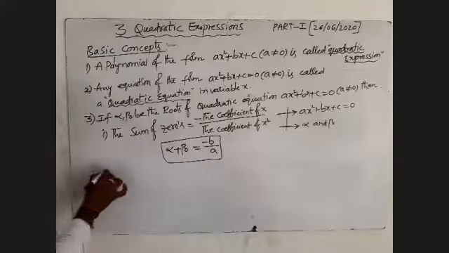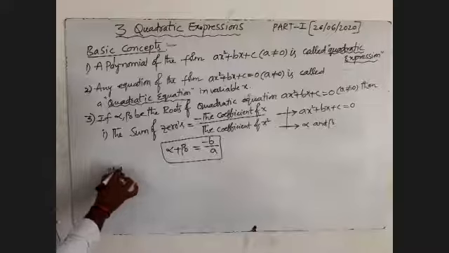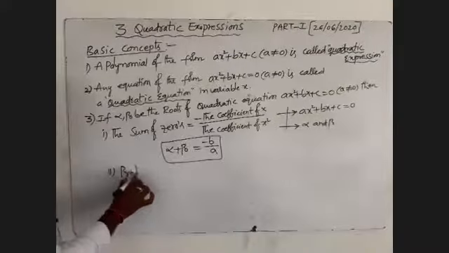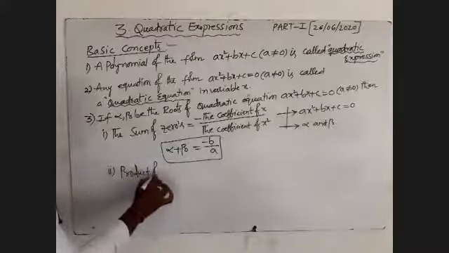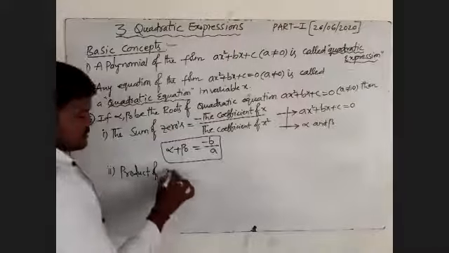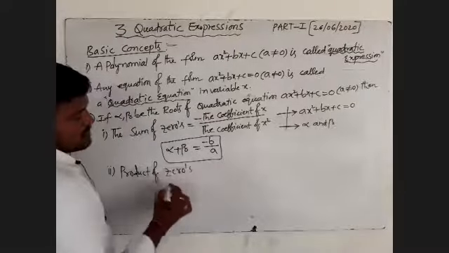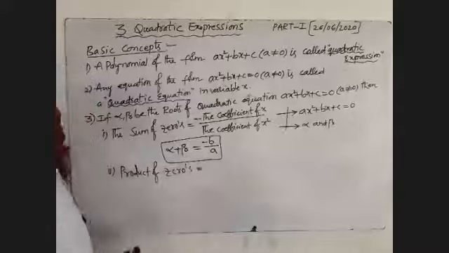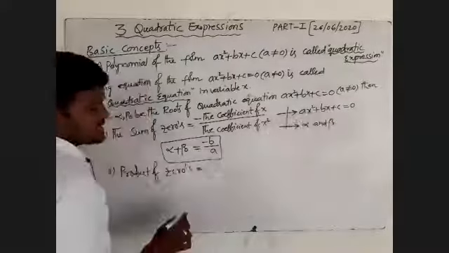After that, the second condition is the product of zeros. The x coefficient is completed.